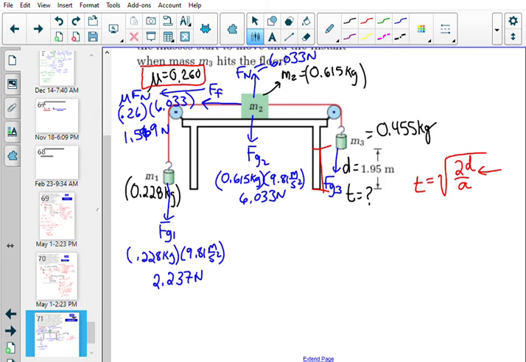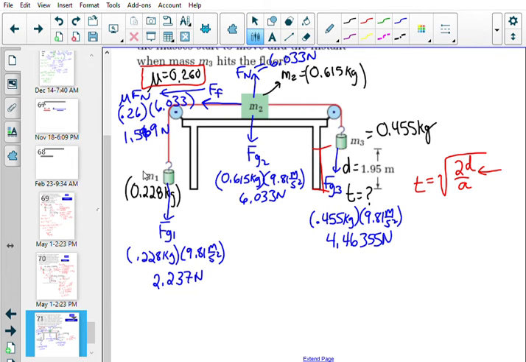1.569 newtons is friction. The last one way over here is Fg3, which is m3, 0.455 kilograms times 9.81 meters per second squared. And Fg3 is 4.46355. I haven't labeled any directions yet.